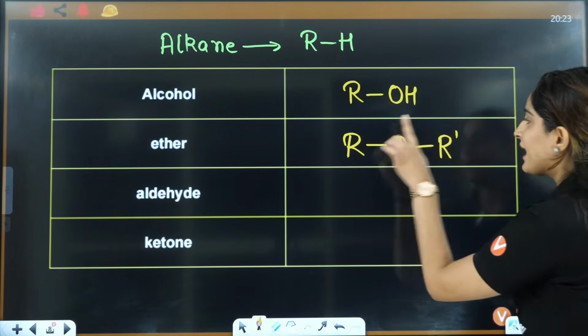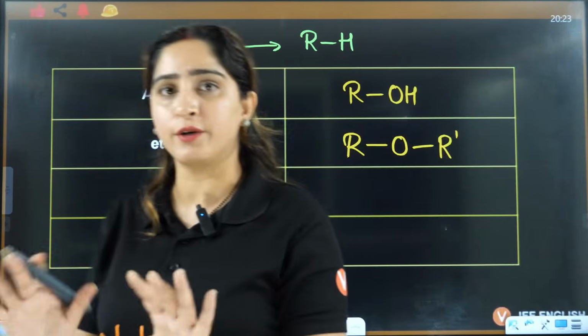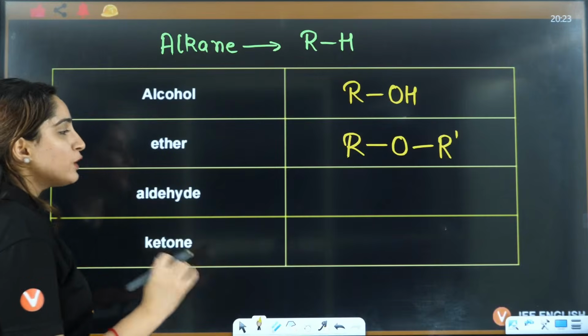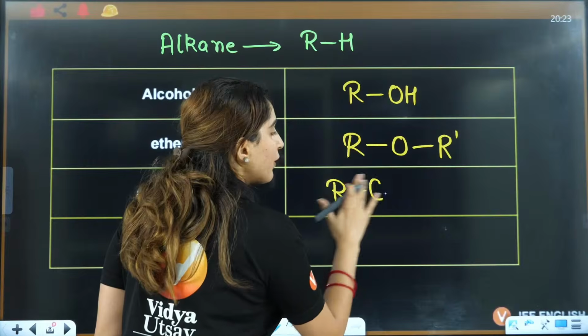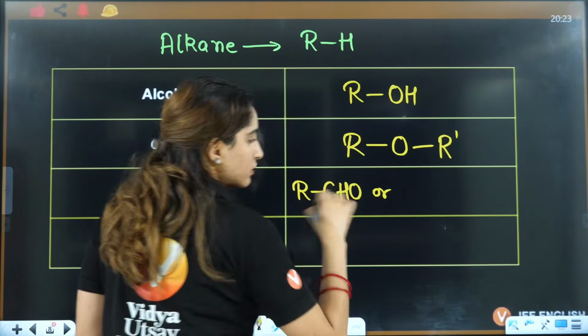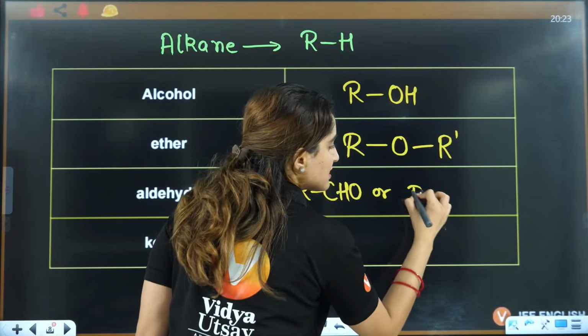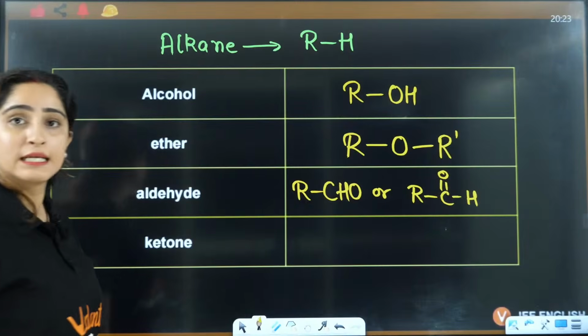This alkyl and that alkyl chain can be the same or different, that depends. Then you have aldehyde, which is written as RCHO, or when you open the structure, RC double bond O and H, right?